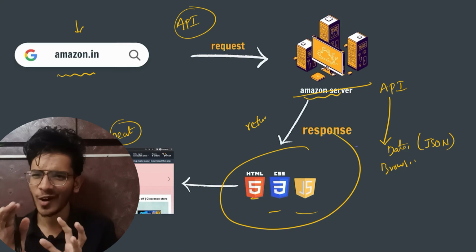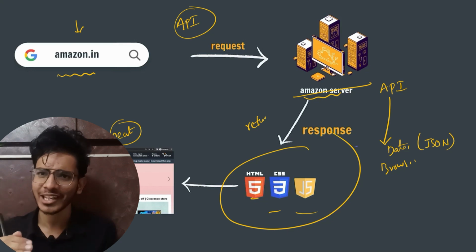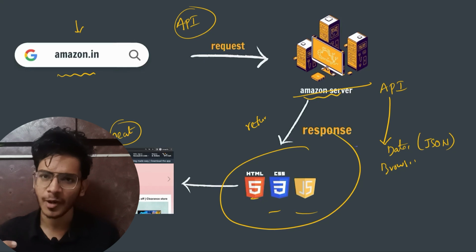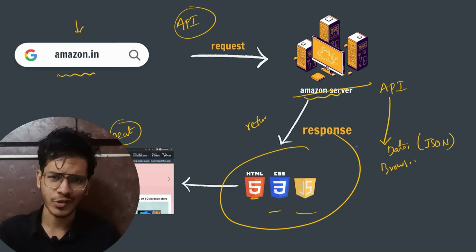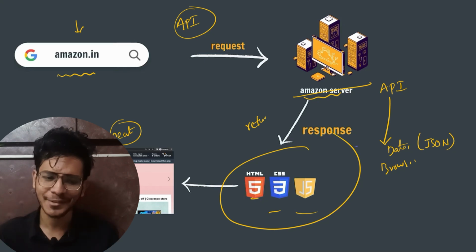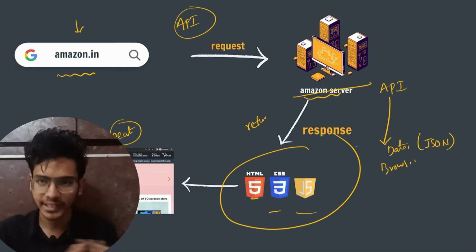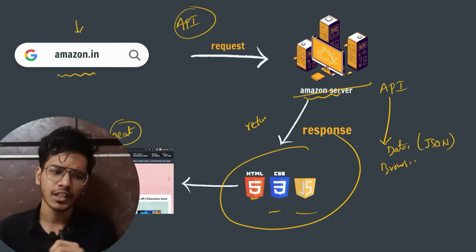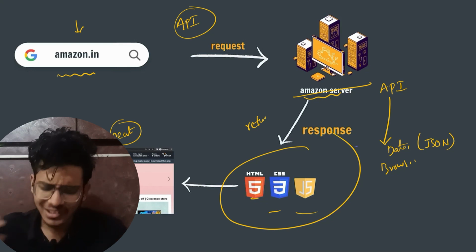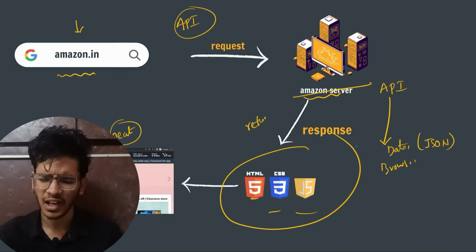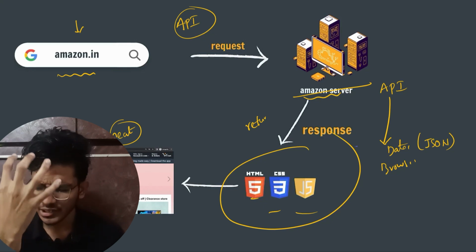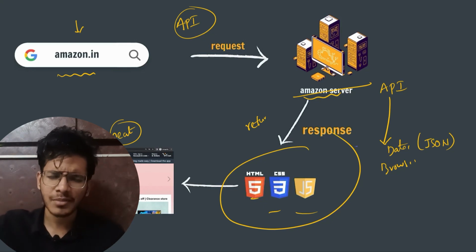Okay, a little bit hard, a little bit confusing, because we are talking about some different terminologies, right? We have talked about API, which we don't know, and a new term called JSON, which we don't know. But give me 2 minutes, and I will clear everything out. The thing you need to remember here is that in this request response cycle, we have servers, and this server is returning me HTML, CSS and JavaScript documents.